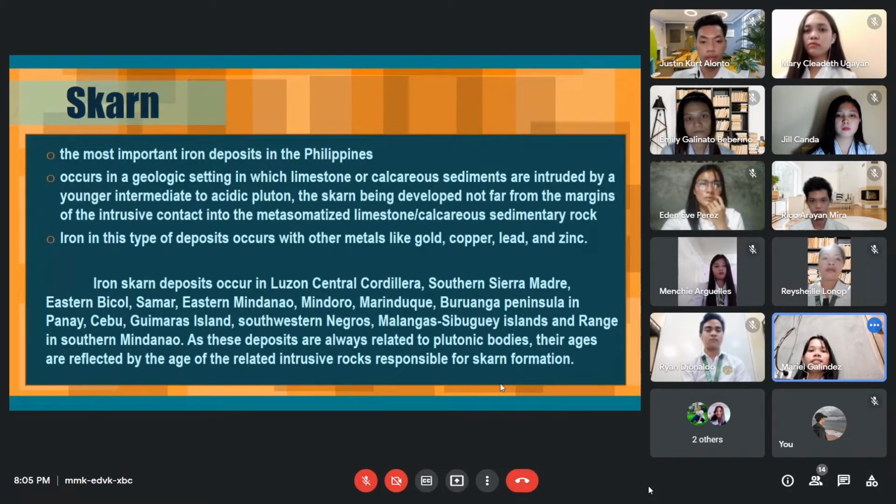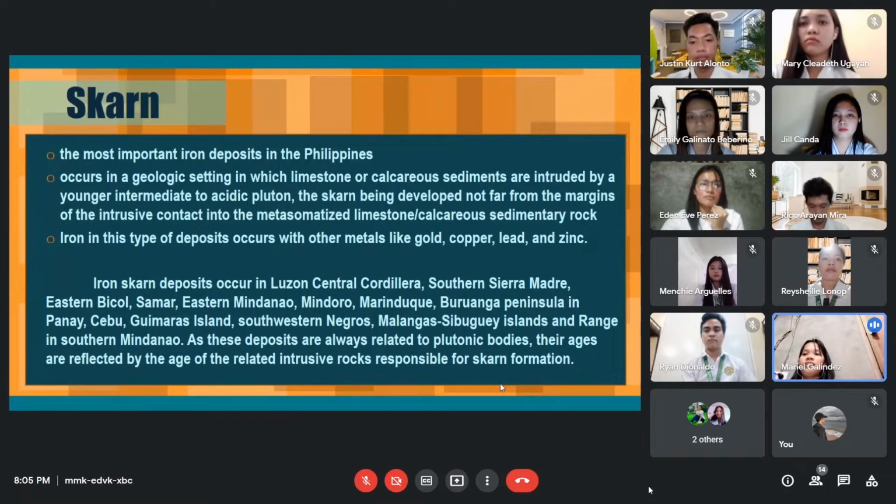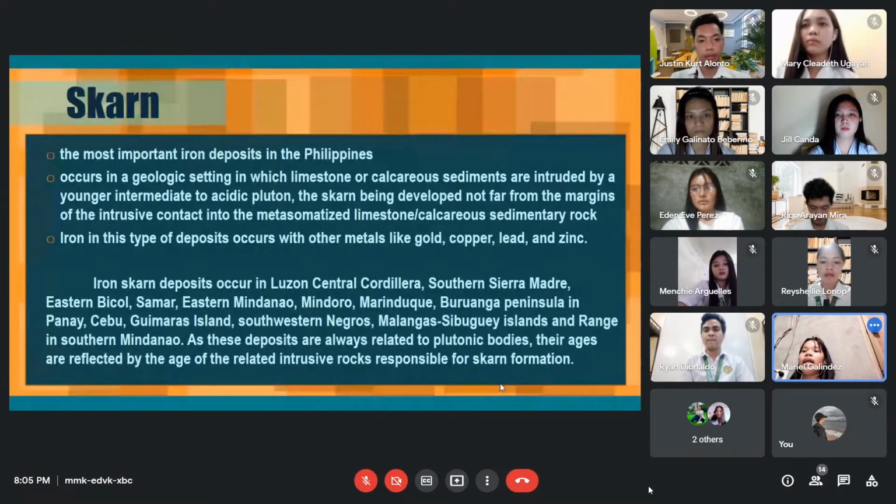So next, the most extensive magnetite sand deposits are those along the beaches of northern and northwestern Luzon, eastern Leyte, and southwestern Negros. The deposits in Ilocos Norte are situated inland within sand dunes and raised beaches around Paoay Lake.